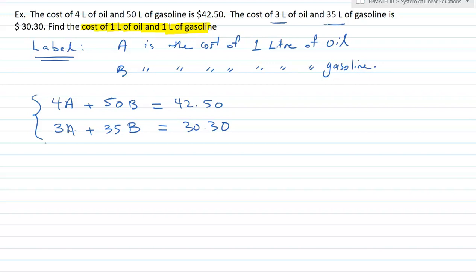Great. From this point on, you just go ahead and use whatever method you like. I suggest you do the elimination method. So basically you want to get rid of A first, because it's just easier to come up with the lowest common multiple. And in this case, I would multiply the top equation by, remember the LCM, in this case is 12. So multiply the top by 3, the bottom by 4, and then rewrite and then go ahead.